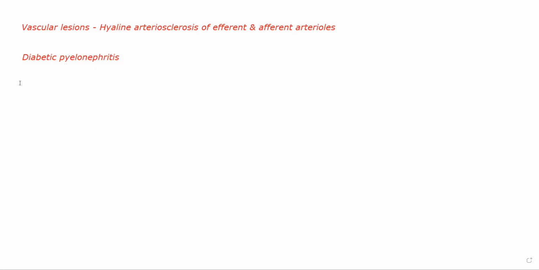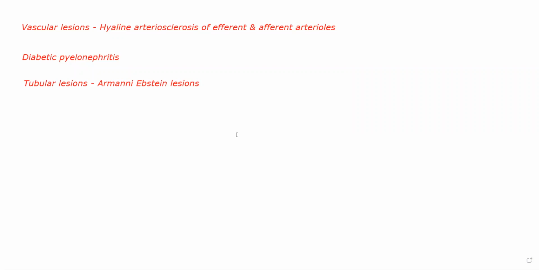Then the third type of lesion that will occur are tubular lesions. These are also called Armanni-Ebstein lesions. Now, what happens in this? When the patient has untreated diabetes, let us suppose they have an extremely high blood sugar level.